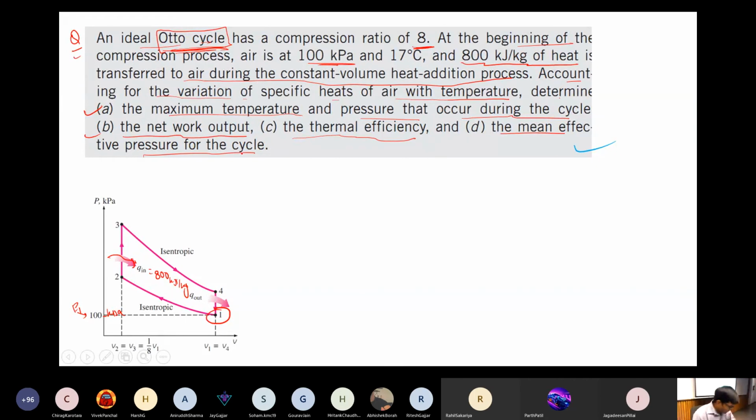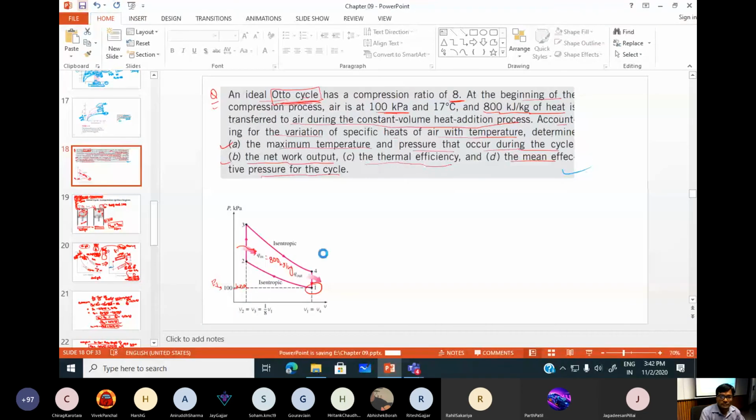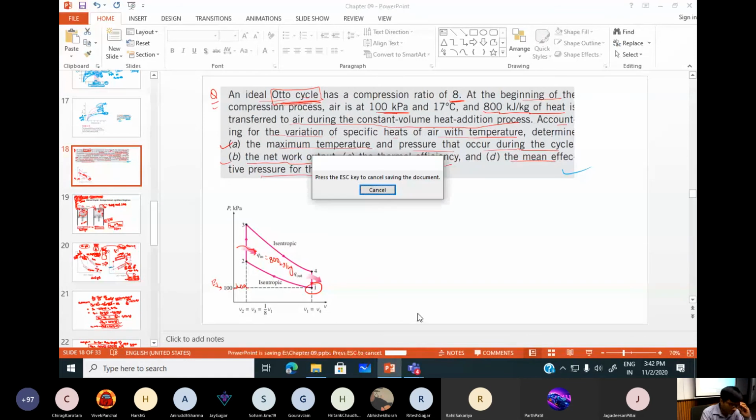I'll give you some time to work on it. Try this, because these questions you may expect in your examinations.